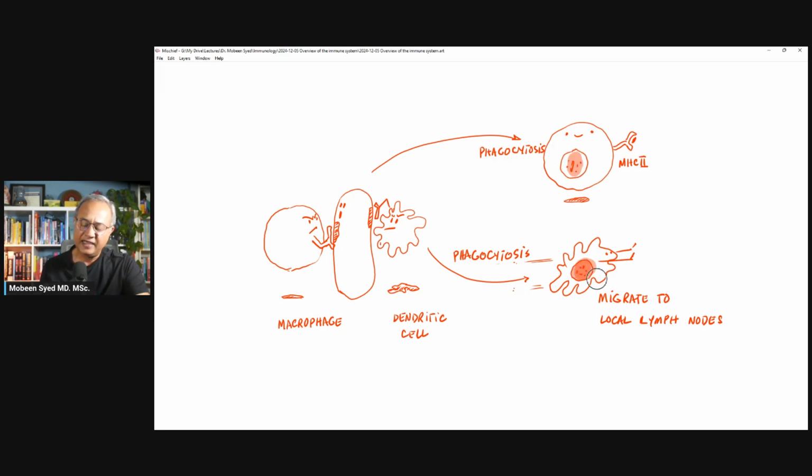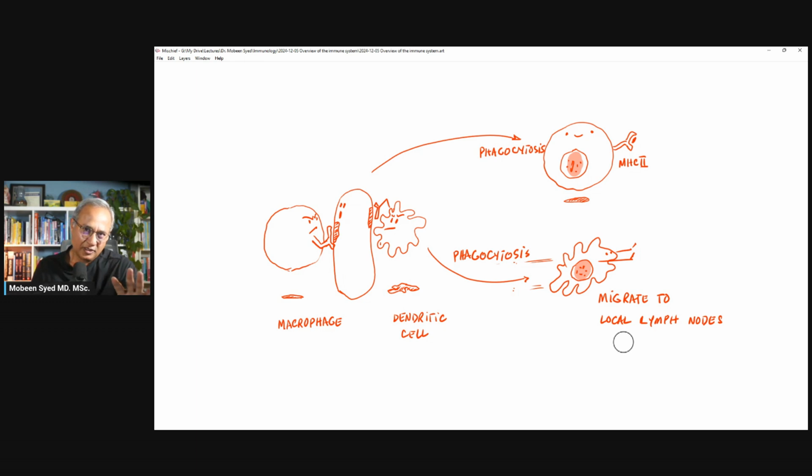And a dendritic cell had eaten up the pathogen as well, phagocytosed it. And now that dendritic cell is flowing along the lymphatic system and will reach local lymph nodes. So in my case, if there is an infection in my finger, possibly those pathogens and the dendritic cells will flow to the axillary lymph node or cervical lymph node or the lymph nodes near where the limb is attached.